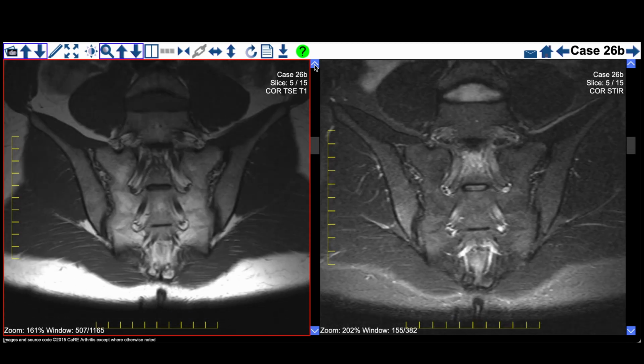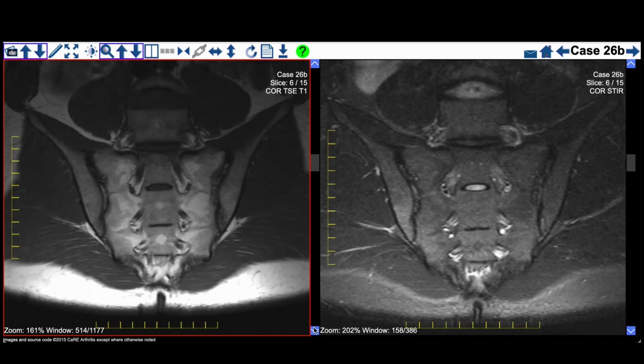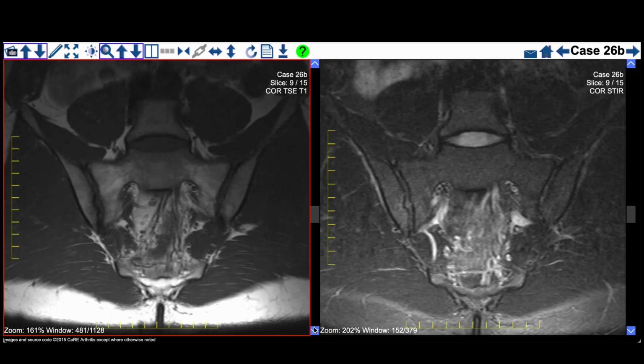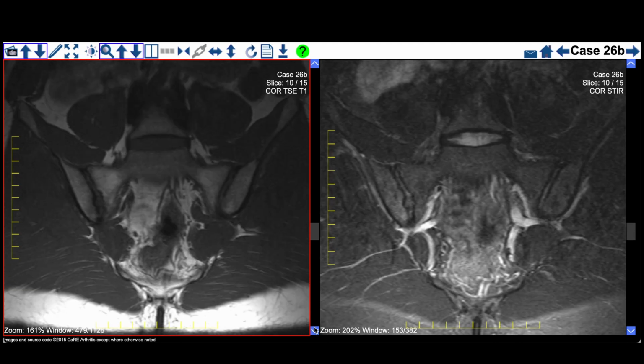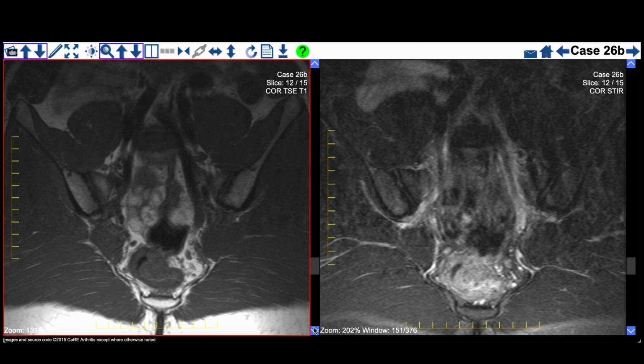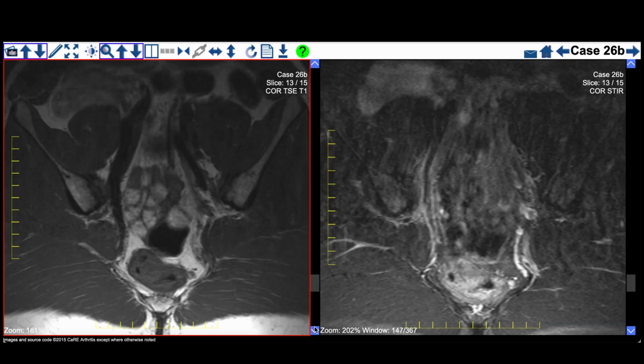Disappearance of the bone marrow edema commensurate with the substantial improvement of his symptoms. So the MRI scan here was absolutely decisive in transforming this patient's life.